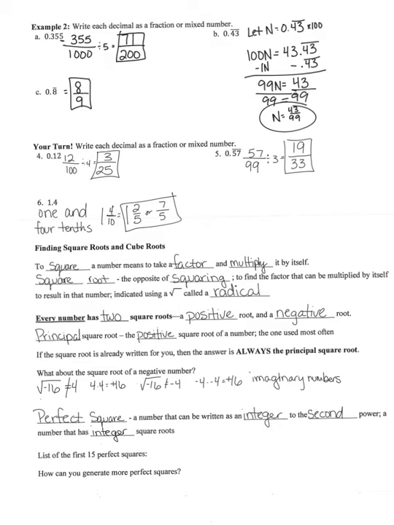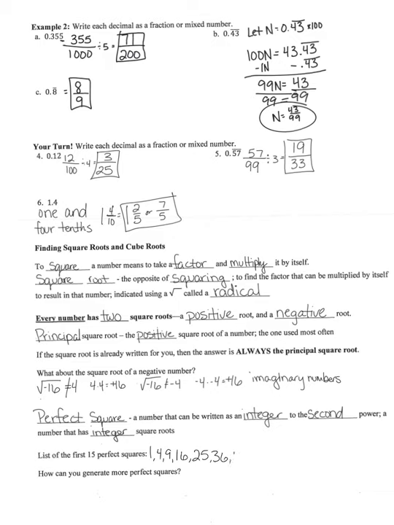Well, 1 times 1 is 1, or 1 squared is 1. So 1 is a perfect square. Going on, 2 times 2, or 2 squared, that's 4. 3 times 3, that's 9. 4 times 4 is 16. 5 times 5 is 25. 6 times 6 is 36.